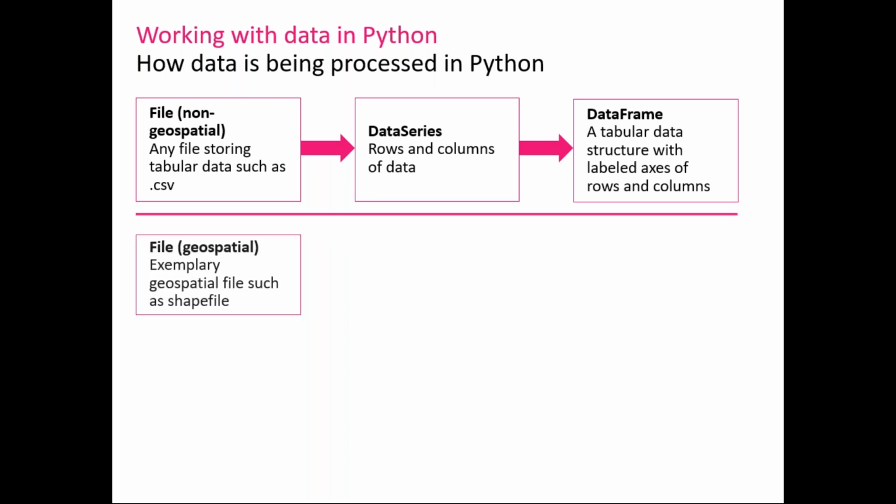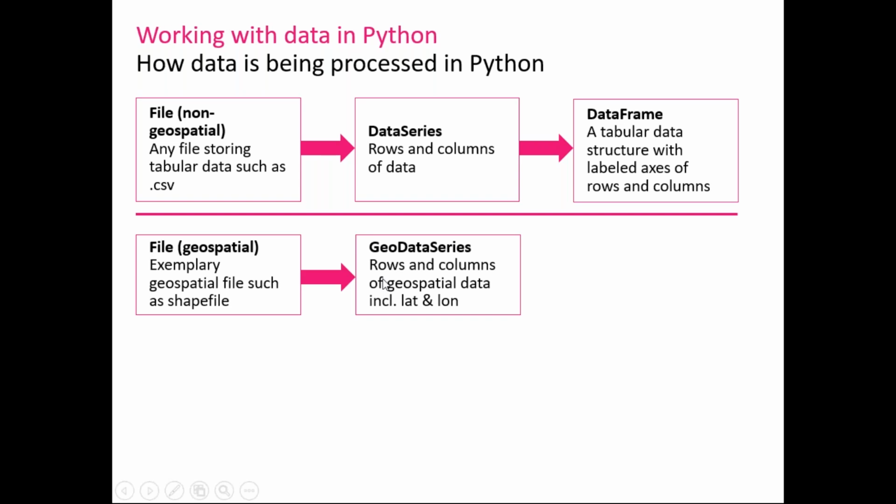Okay, so by comparison, if you are working with geospatial data, there's one slight difference. You'll see both have a lot in common, but there are some slight differences. An exemplary geospatial file can be, for example, a shapefile. And Python refers to that as a GeoData series.